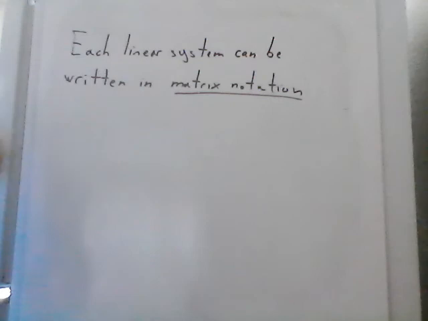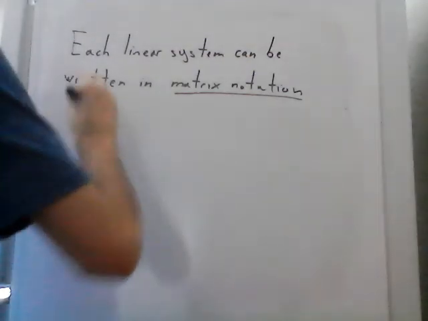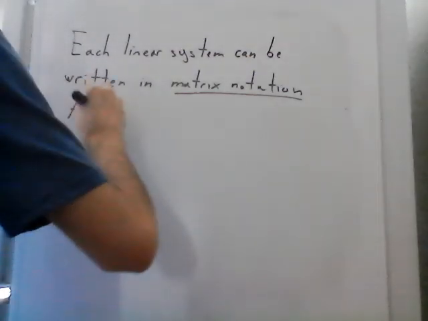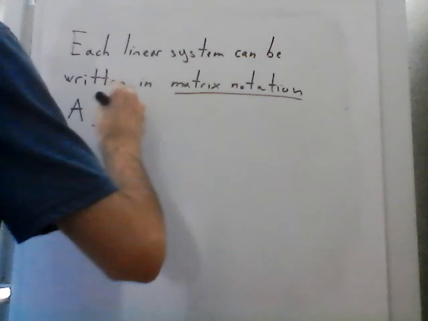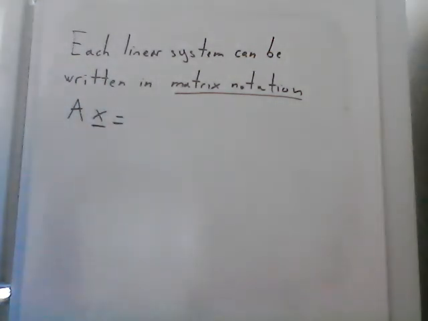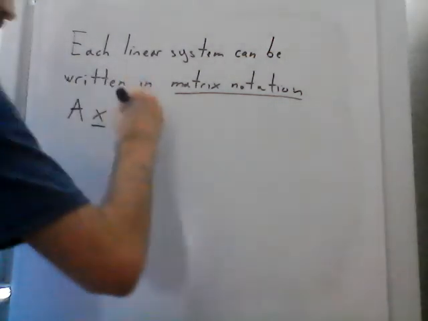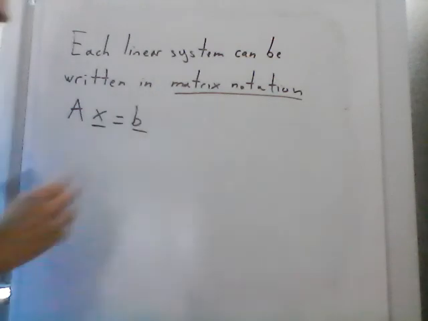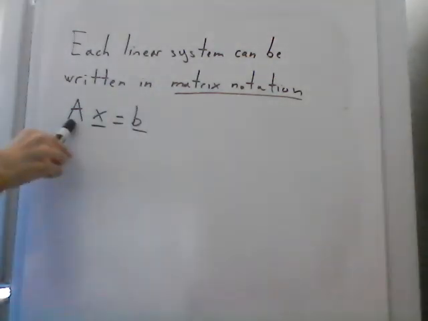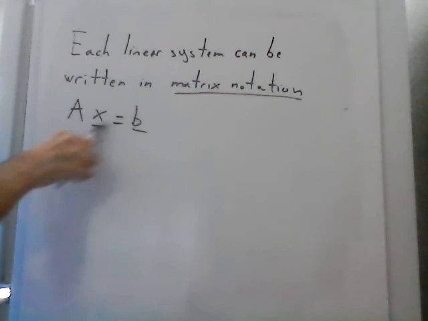So we write the linear system as an equation involving a matrix and a column vector, such that the product of the matrix and the column vector is going to give you another vector. I'm denoting matrices by capital letters and vectors as usual.